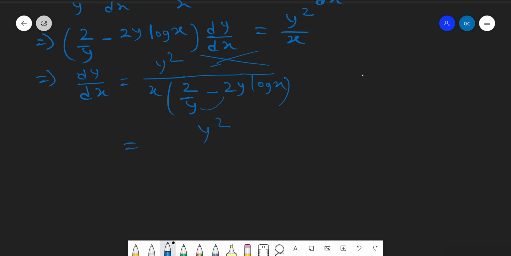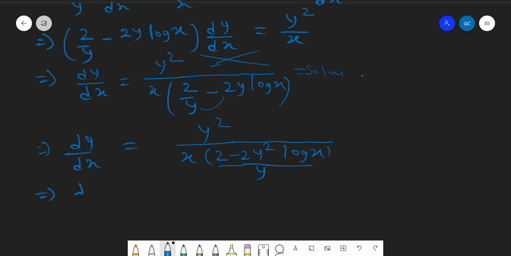So it will become y² x over 2 times 2y² log x. Okay guys, even this can be a solution. This can also be the solution, but generally if you simplify more, it will be better. Otherwise that could also be the solution.